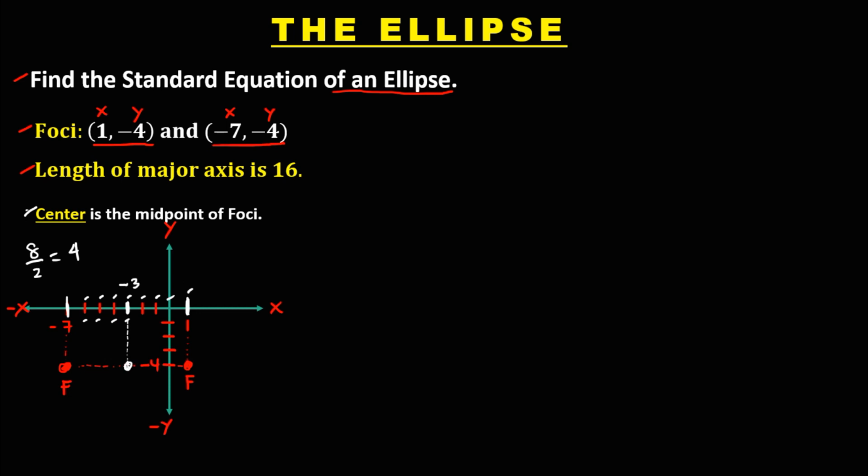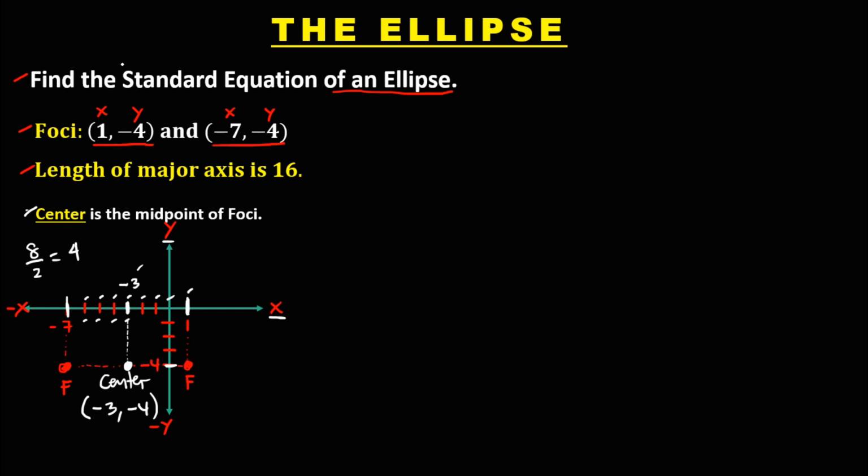So this is now the center of this ellipse. Then to find the coordinate of the center, x is negative 3 and y is negative 4. So the center is at negative 3, negative 4.